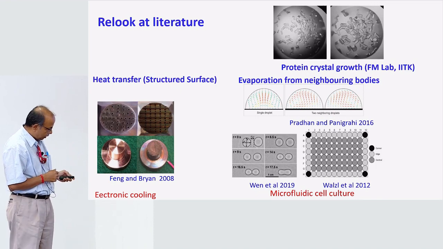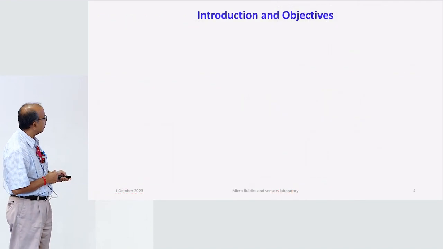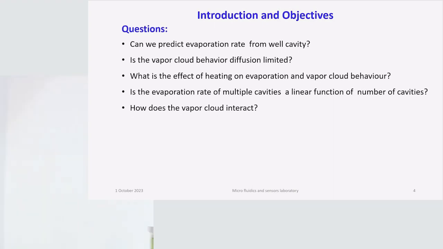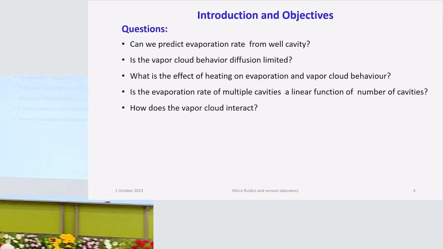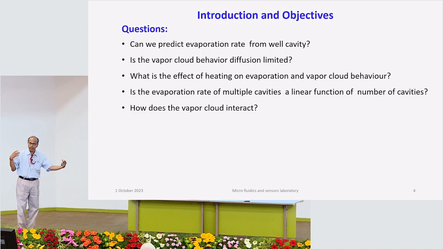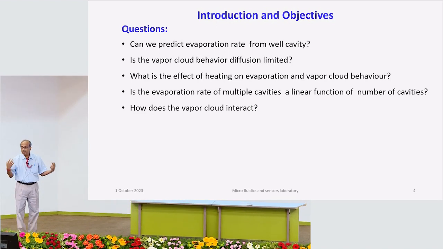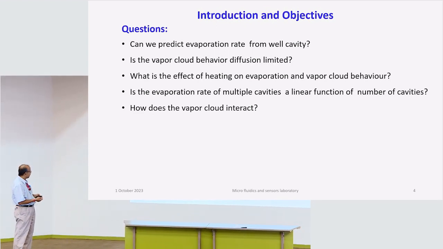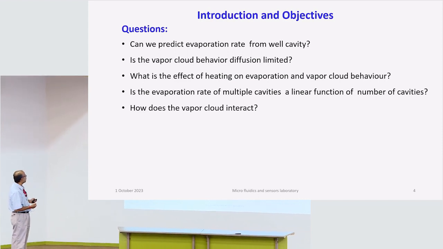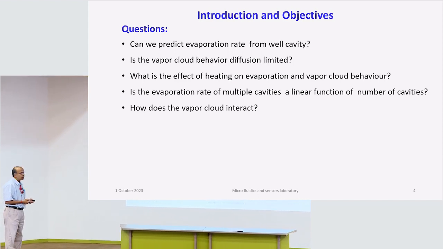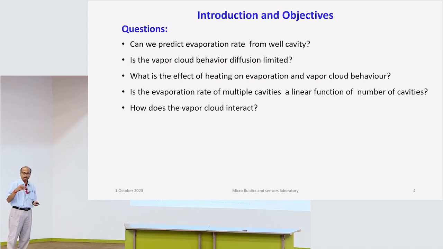Saying this, we now look into the fact that there are multiple wells, there are practical applications, and convection is important. From my experience, we started asking: can we predict the evaporation rate from a well cavity? In fact, when we looked into the literature, most studies have been done for droplets.